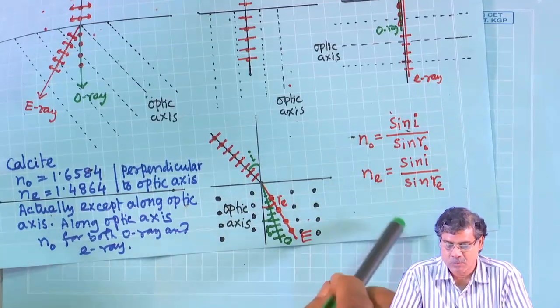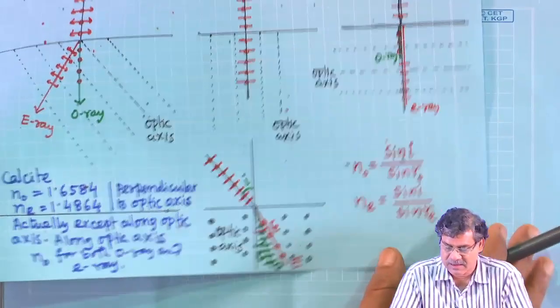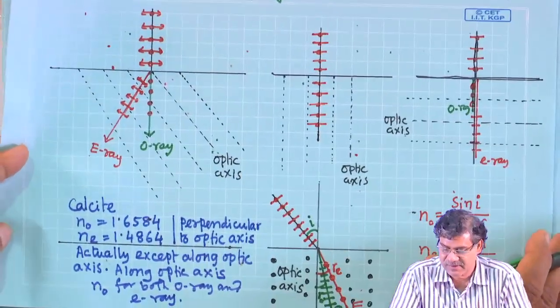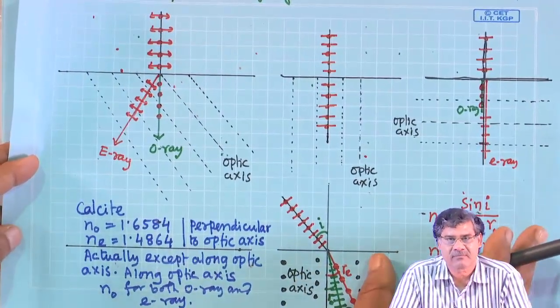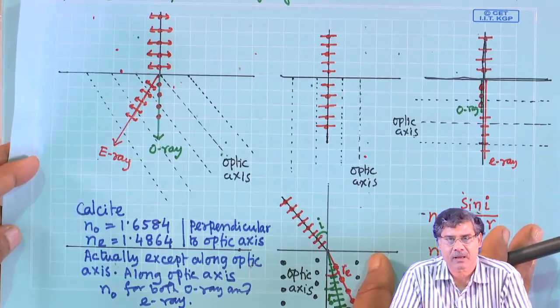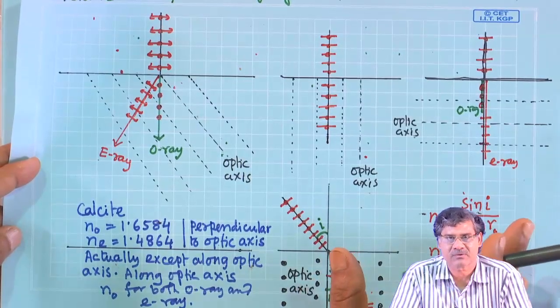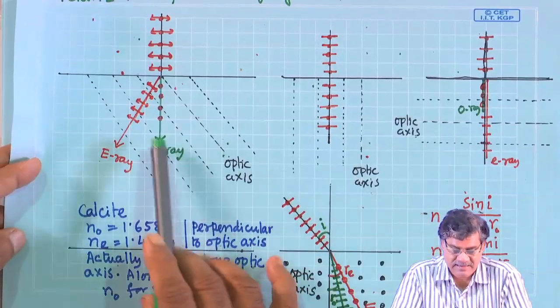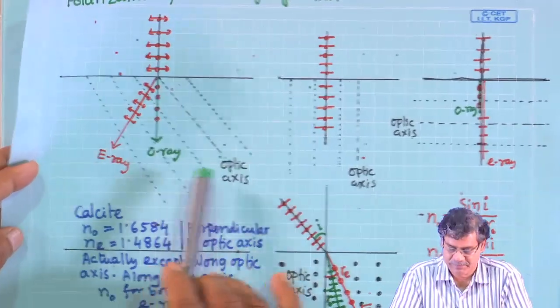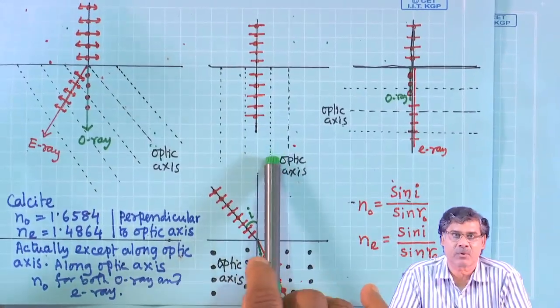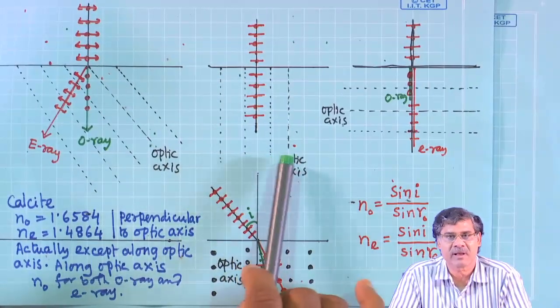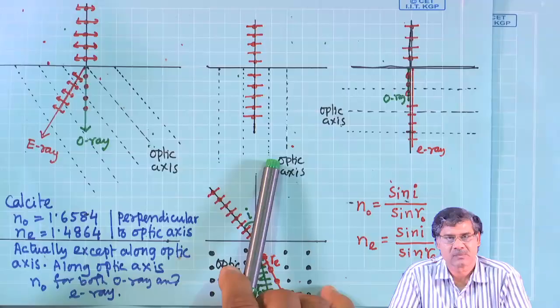So both follow it. Sometimes, from the point of view of our conventional definition of refractive index for an isotropic medium, it seems as if it is violated. Here there will not be separation of O ray and E ray, there will not be any double refraction.